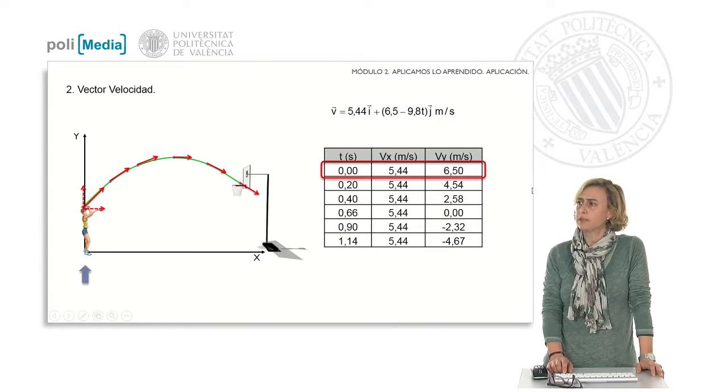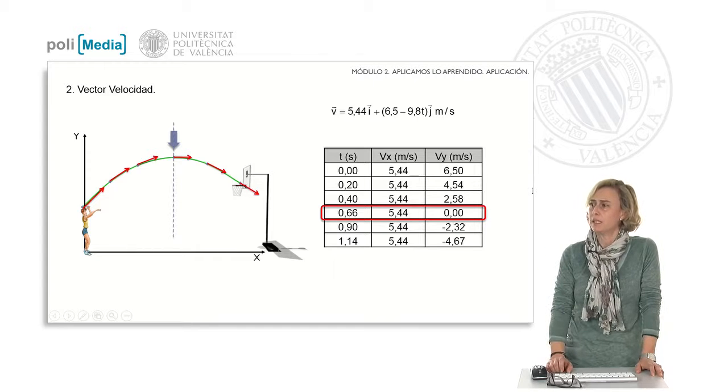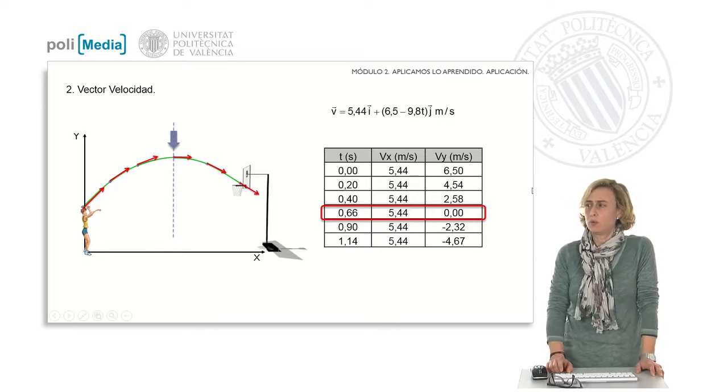At the instant 0.66 seconds, the x component is non-zero, equal to 5.44, while the y component is 0. Recall that we saw that the condition of zero y component of the velocity implied maximum height, as shown on the screen. Later, we will check that this is so.